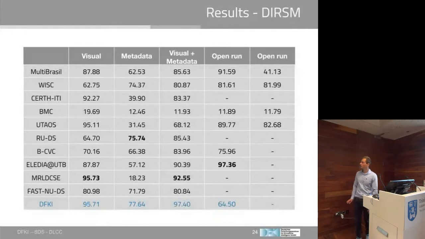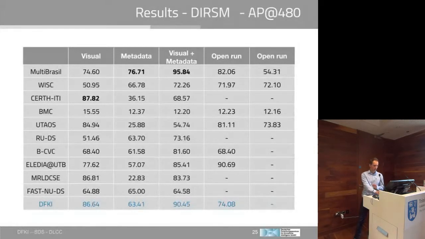Here are the results for the first task, and something you can see is that the submissions themselves are quite diverse. Visual content is sometimes quite high, but then metadata itself is not that good. However, what turns out is that metadata in combination with visual data improves results in almost all cases. Here I have the average precision at 480.